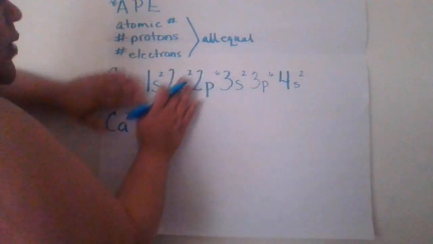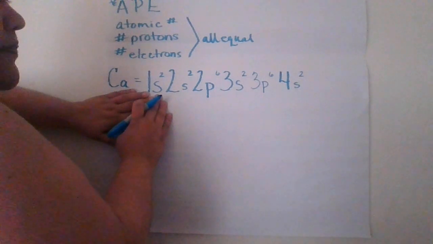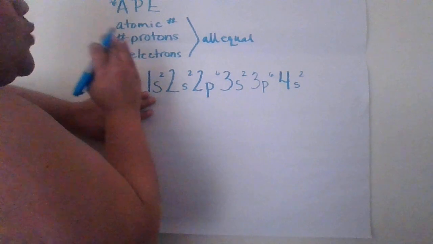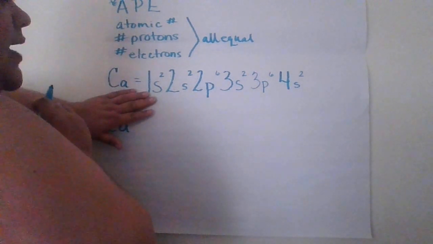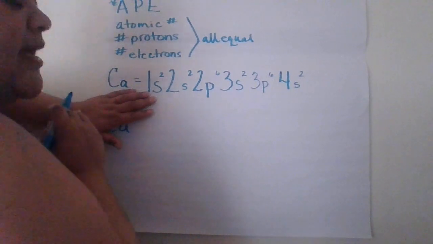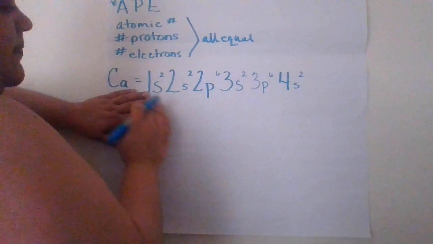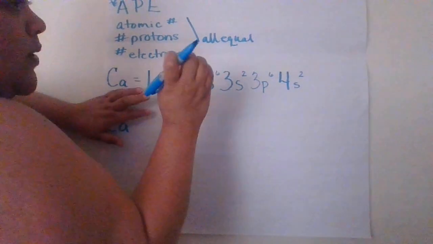So here we know with calcium in its normal state, it has an atomic number of 20. So that means it has 20 protons and 20 electrons. So let's go ahead and take a look and make sure that that's what we have in our first electron configuration. So we would just add up our exponents in this case.